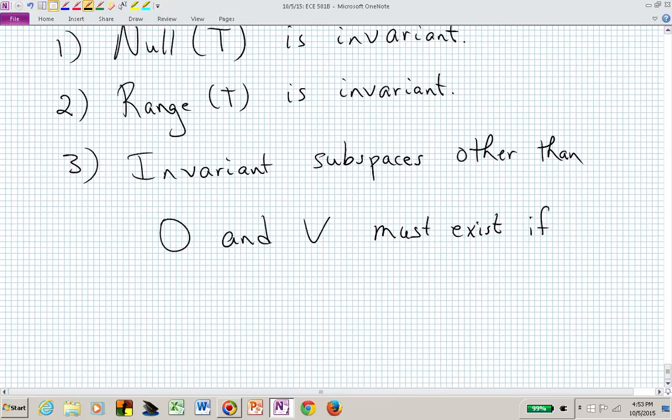Invariant subspaces other than the 0 vector and the whole vector space must exist if A, the dimension of the vector space V is greater than or equal to 1, and our field of numbers is allowed to be complex.